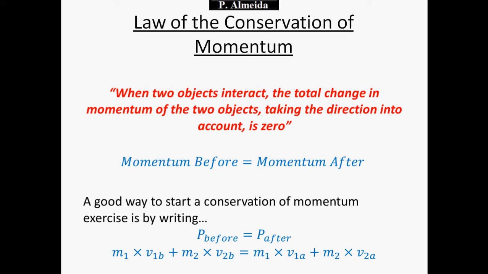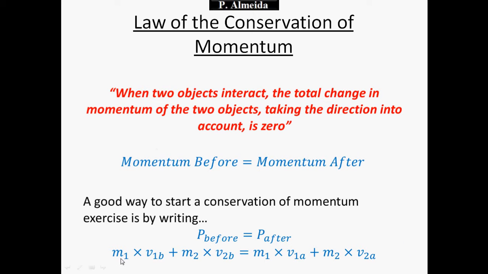So a good way to start a conservation of momentum exercise is by writing that P, the symbol for momentum, before equals P after, where before is before the interaction and after is after the interaction. And then you just get the two objects.